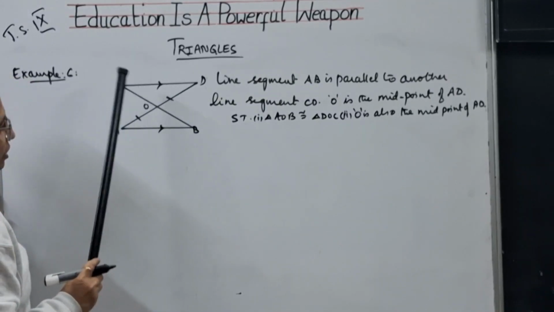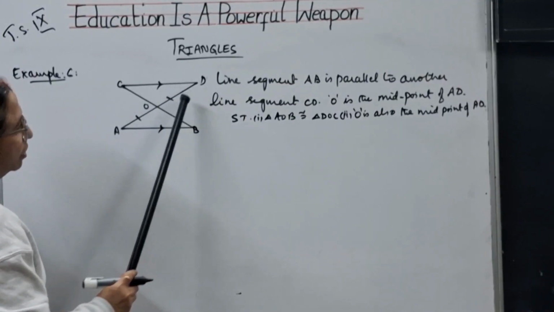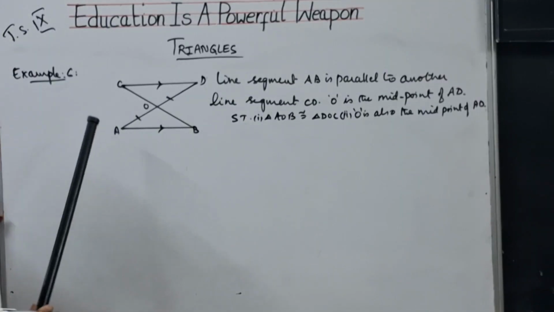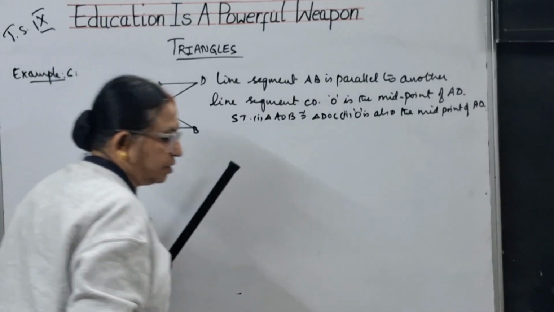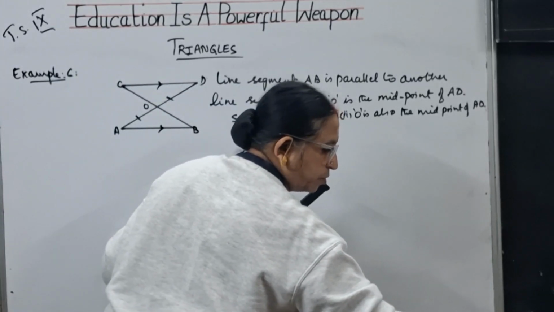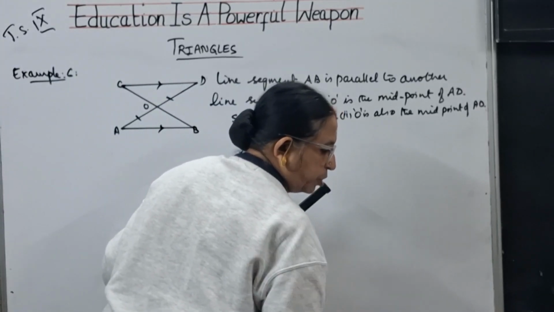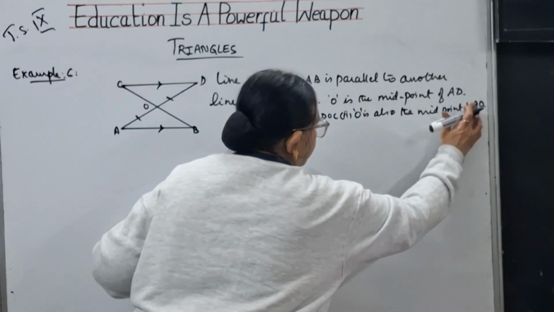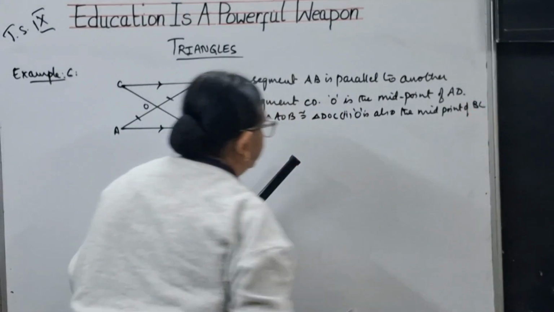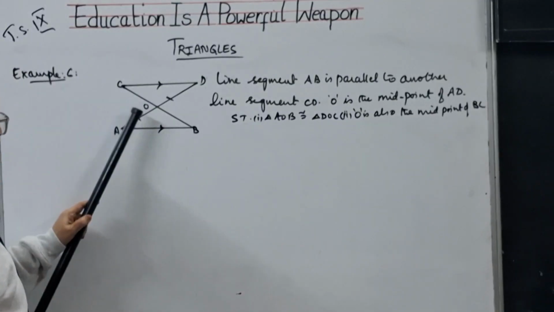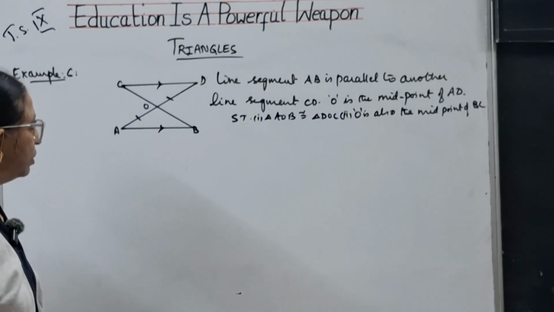And the second bit, O is also the midpoint of BC, sorry children, you have to prove. O is also the midpoint of BC, we have to prove.